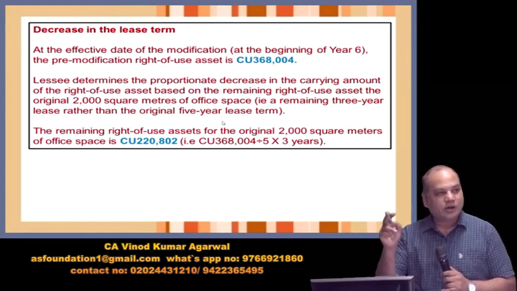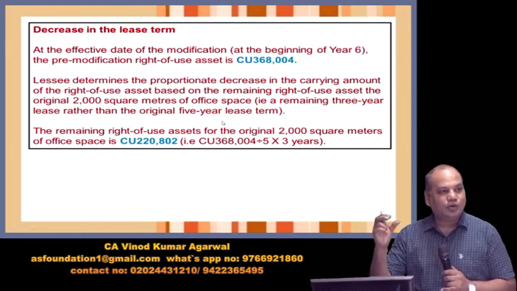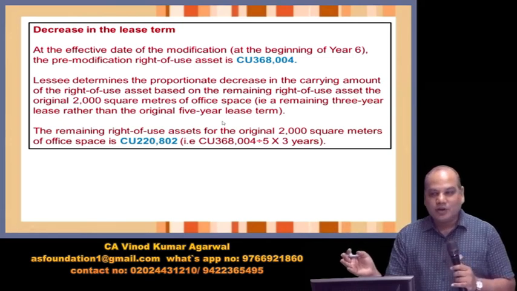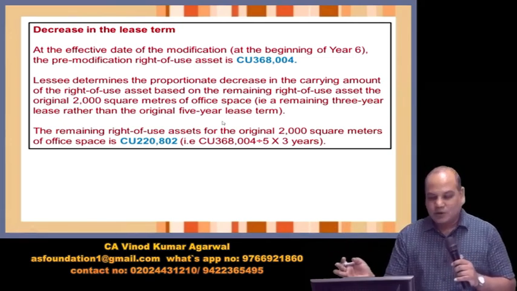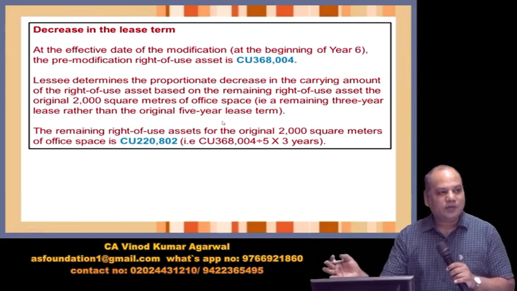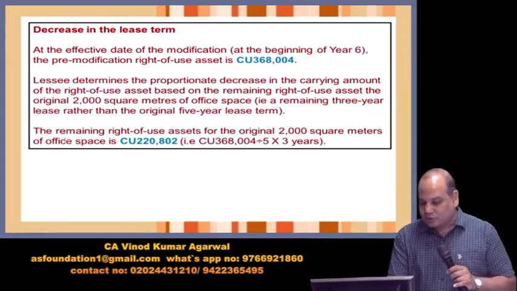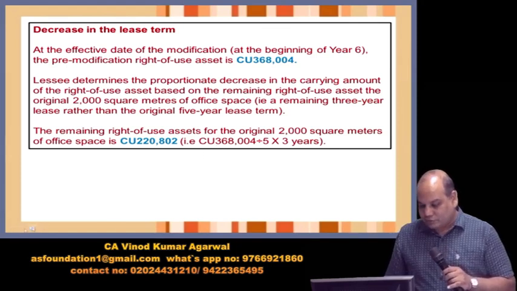In previous problem that we solved, the area had reduced from 5,000 to 2,500. Here the lease term has reduced from remaining 5 years to 3 years. So what we will do, the remaining right of use asset for original 2000 square meter of office space will be, see this calculation, continuously pay attention.